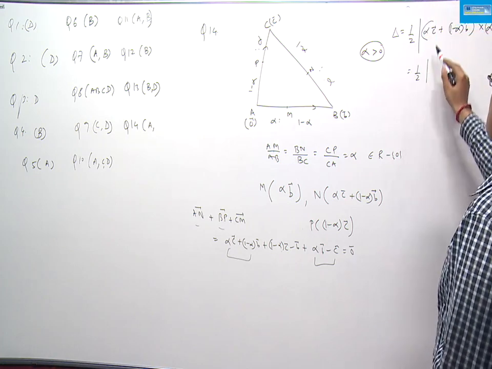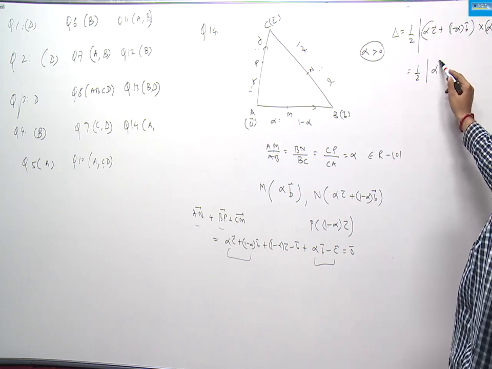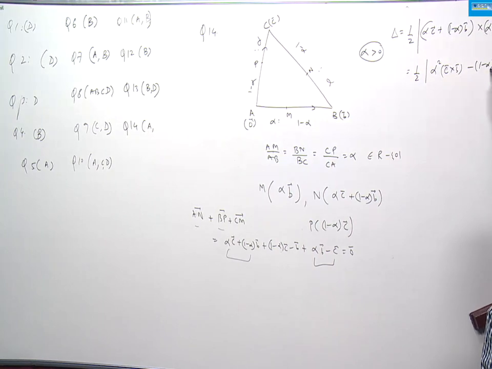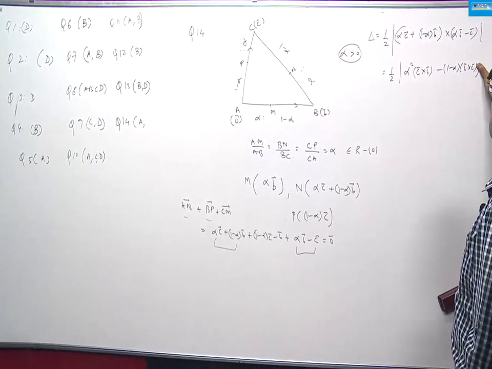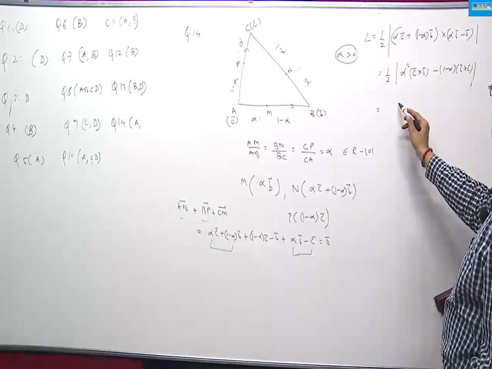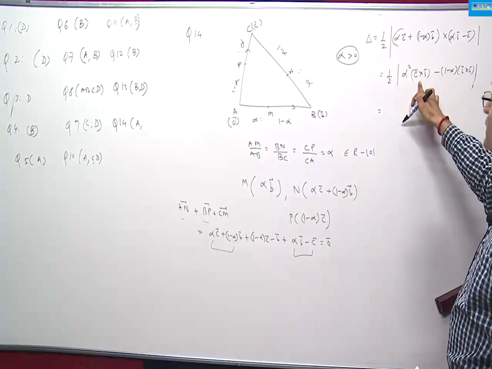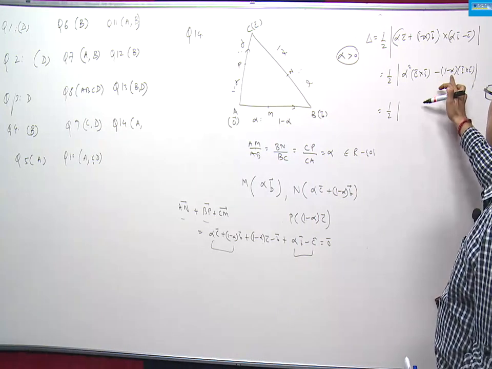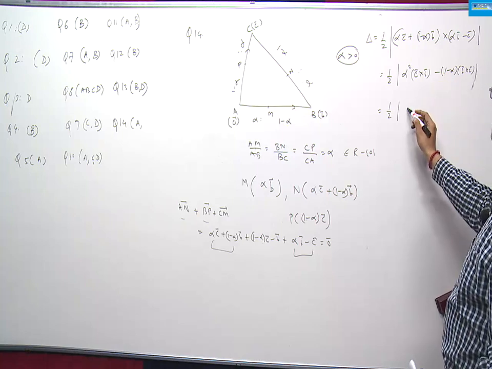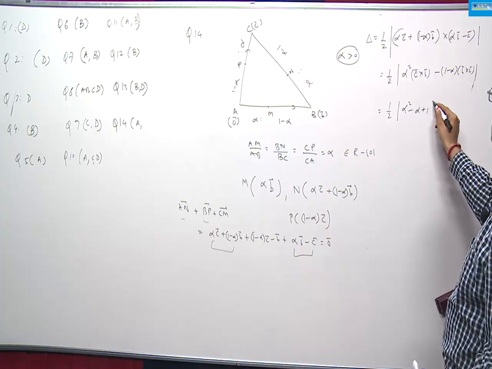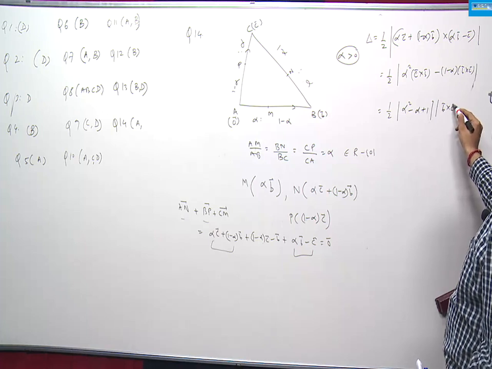It is coming out to be half modulus of alpha square c cross b minus 1 minus alpha b cross c. You can say c cross b is minus b cross c, so it is half modulus of minus alpha square minus alpha plus 1 times the modulus of b cross c.